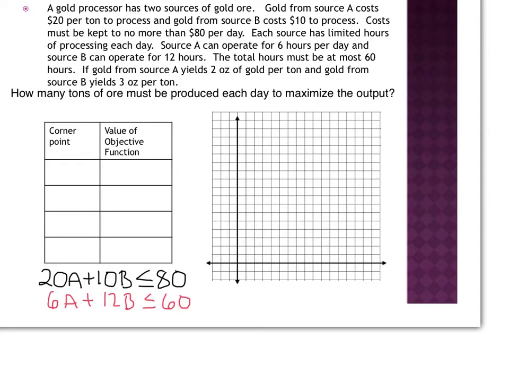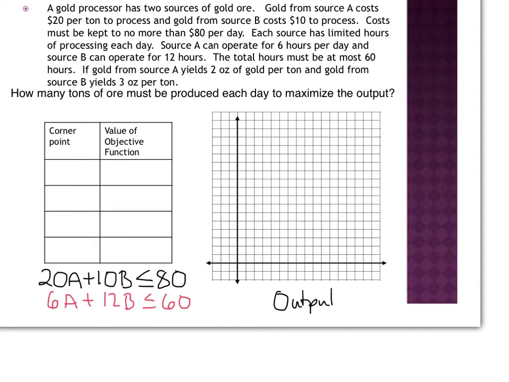Okay, and let's see here. The next part talks about 2 ounces of gold per ton and 3 ounces of gold per ton for the two different sources, and we want to maximize the output. So that's talking about the output of gold, and maximizing the output. That sounds like our objective function. So let's write down our objective function over here.